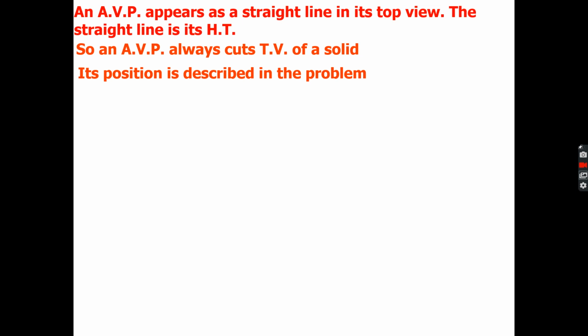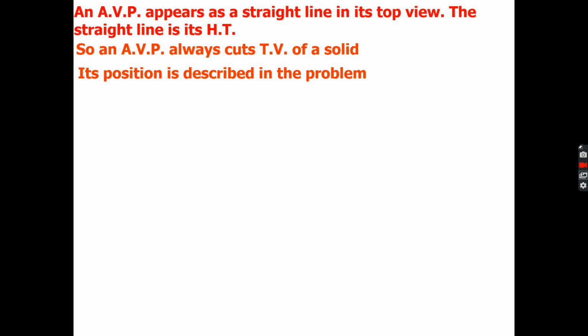So by using AVP, we want to cut a solid. How will you cut it? Suppose there is a 3D object, we want to cut it. If you want to cut a 3D object, you can cut it with the help of a plane. Similarly, if there is a 2D object, you can cut it by the use of a line. If there is a 3D object, what we are doing?